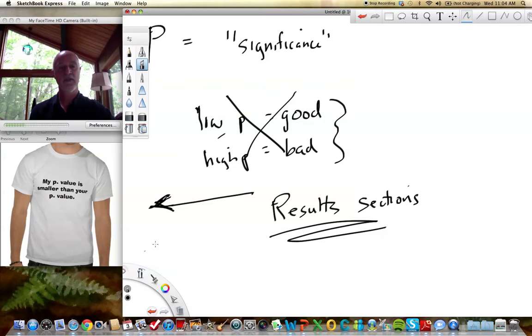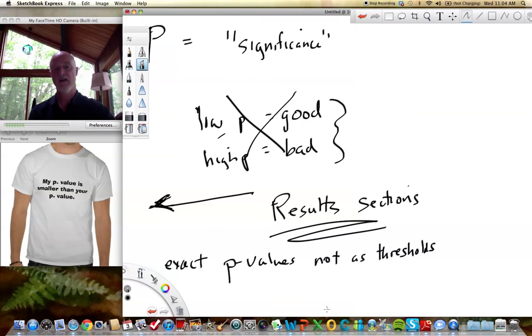We report p-values, and that philosophy is incorporated in much of science now, where we report exact p-values, not thresholds. I will talk about that when we talk about alpha in the next video, but to keep this short, I'll leave it right there. We report exact p-values because they are, in fact, a continuum.